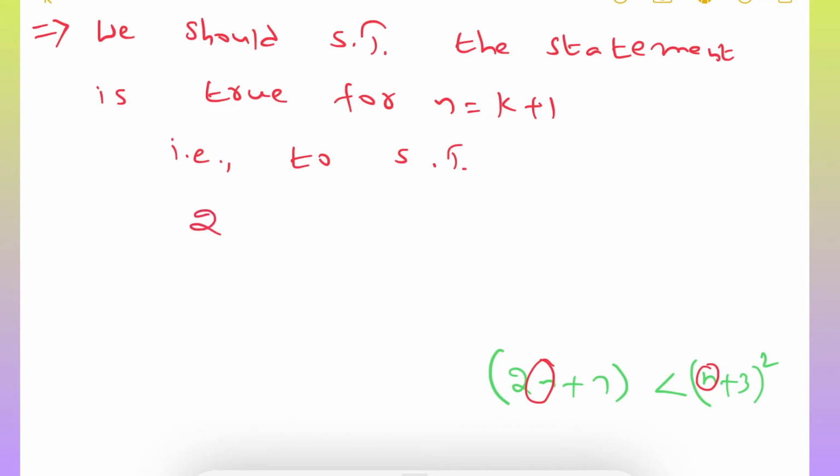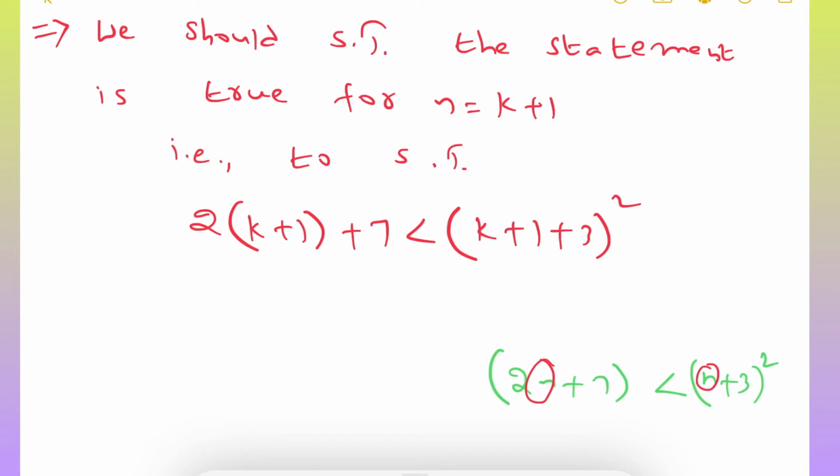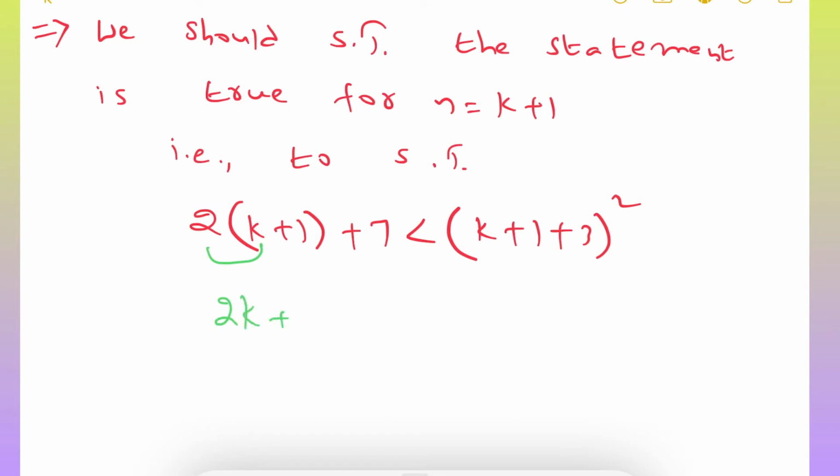So 2 into (k plus 1) plus 7 as it is, is less than, n is nothing but k plus 1, plus 3 as it is, whole square. Now I don't have any work with this. Let us simplify this further, if any possibility is there. 2 into k, 2k, plus 2 ones are 2, plus 7, is less than (k plus 1 plus 3) whole square.